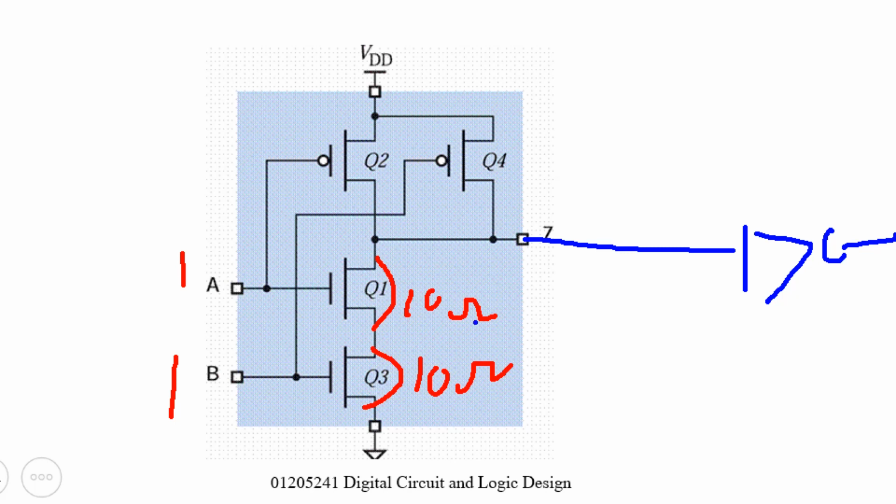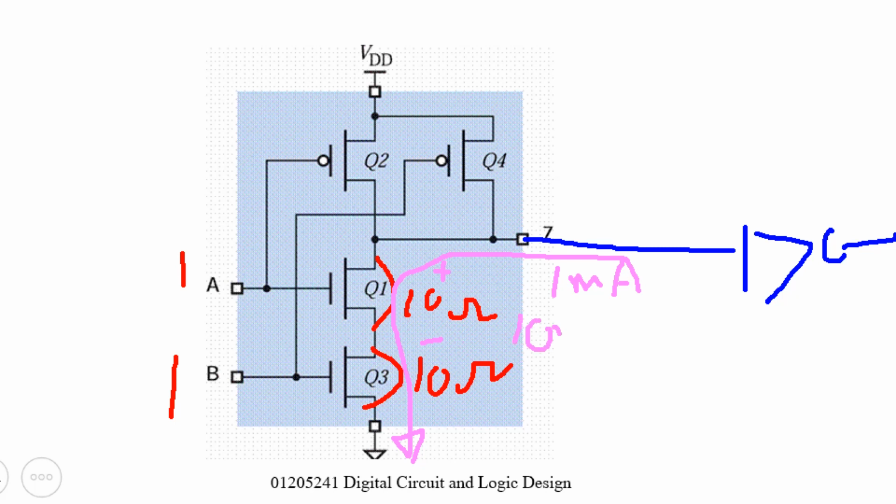So what happens if the current flows, for example, in this direction? If the current is 1 milliamp, for example, that means the voltage across this one is what? It is 10 millivolt.